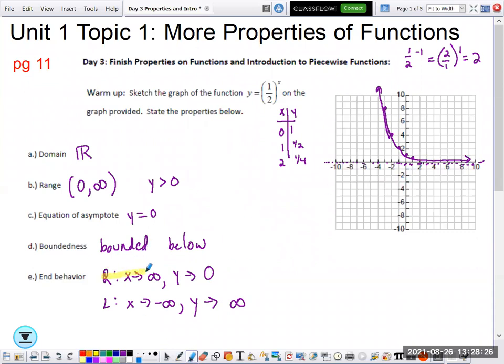On the right, as x approaches infinity, we're looking here, and we see y is approaching 0 because of this arrow. And when I'm looking at the left, as x approaches -infinity, I'm looking here, and when I'm looking for my y value, I see that it's up here. So that's the end behavior.